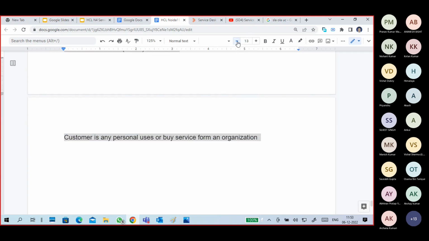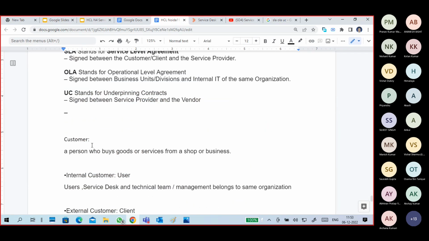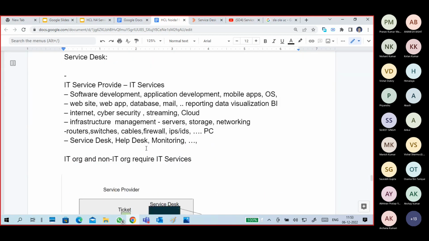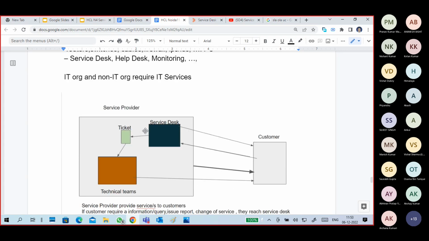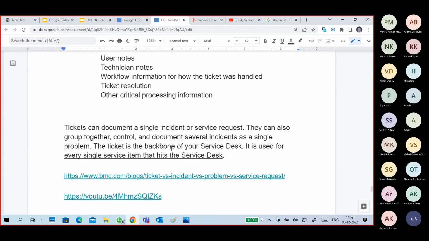In which ways? Two, three points are there. One is the customer. We are talking about the service provider. Okay, we didn't talk about service desk. We are talking about different types of service providers and the customers, and then ticket. Okay, ticket in the service desk.